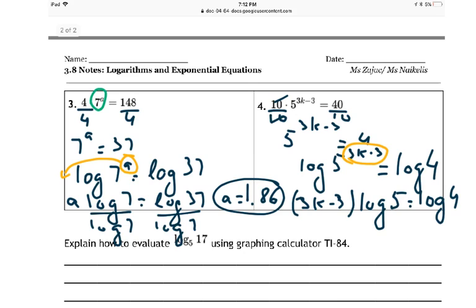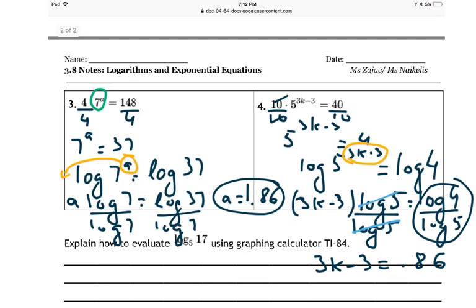I don't want to distribute, I just want to get rid of log 5 on this side by dividing each side by log 5. So now, guys, instead of having this log 4 over log 5, just use calculators to plug it in, and you have then 3k minus 3, and the calculator will give you the answer, that is 0.86.